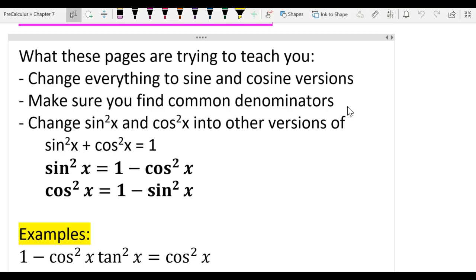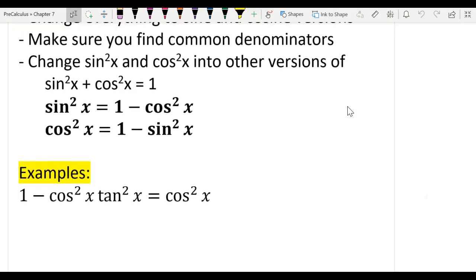Okay? So when you see this left-hand side, you need to change it to the right-hand side version. Okay?